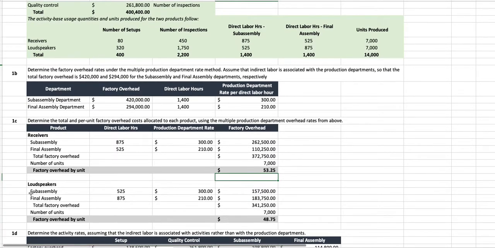Same methodology for loudspeakers. That tells us that our factory overhead rate by unit for loudspeakers should be about $48.75.